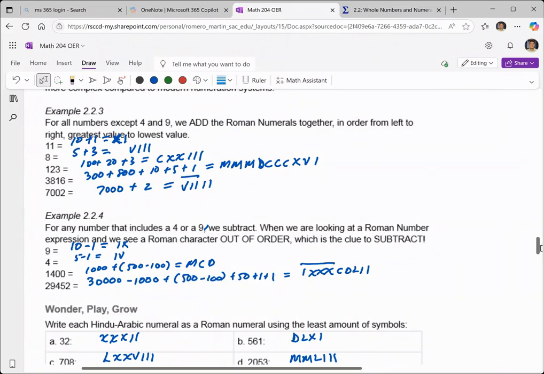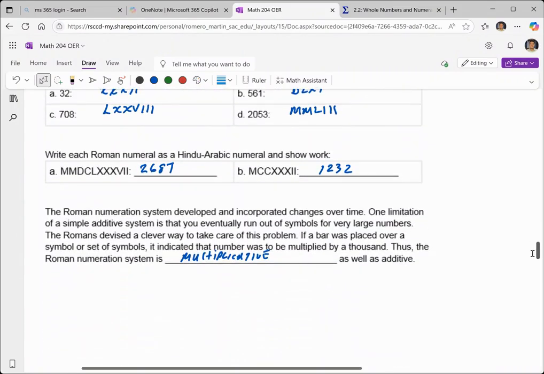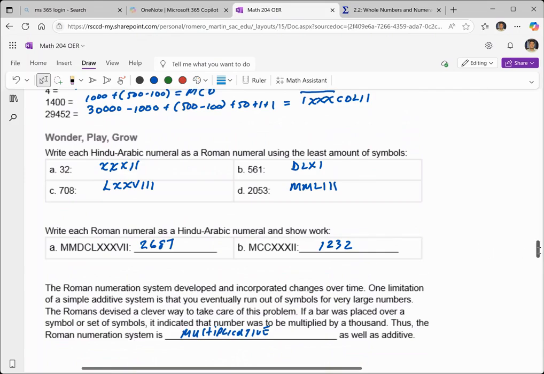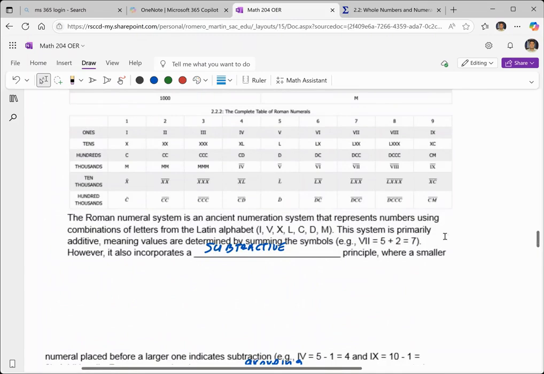As we go through that, I think a last note that's going to connect us to our number systems is this multiplicative idea. It's related to the bars on top, which increases the value. So notice XXX here is 3 tens, 30. This would be 30,000 here with a bar on top.